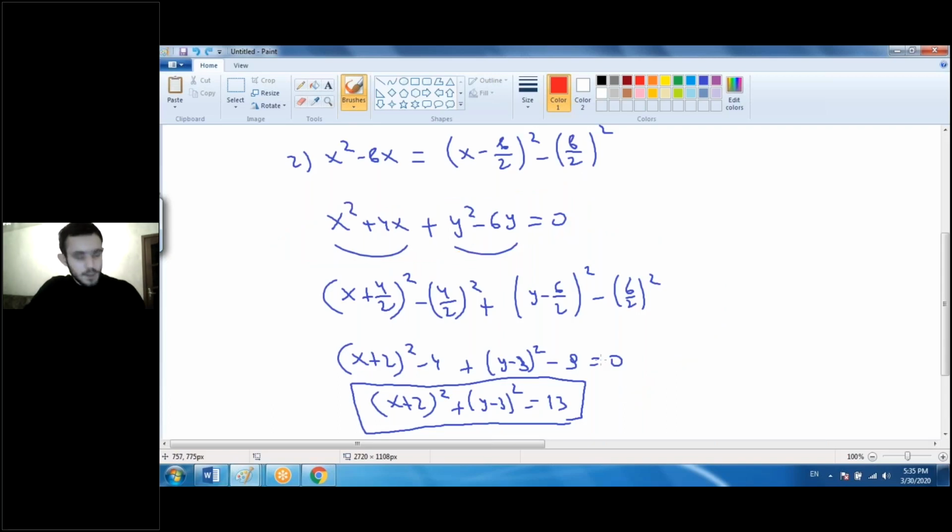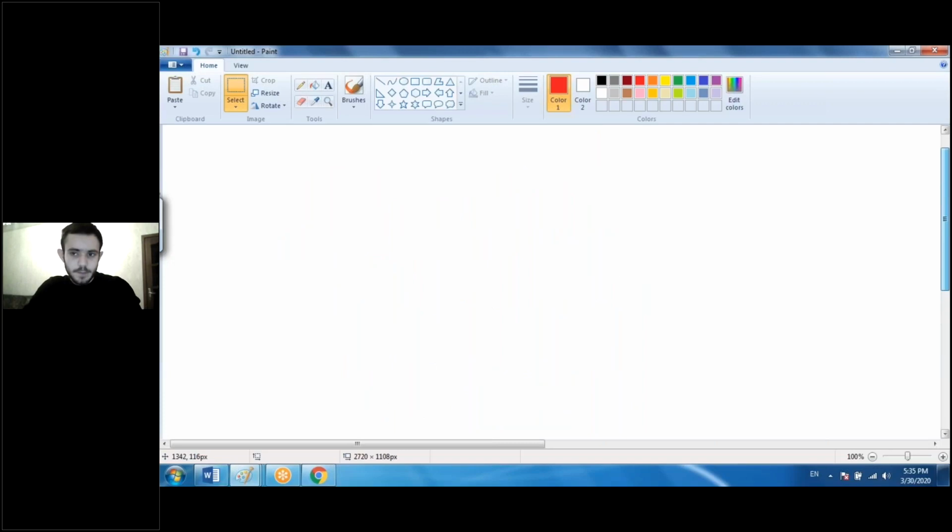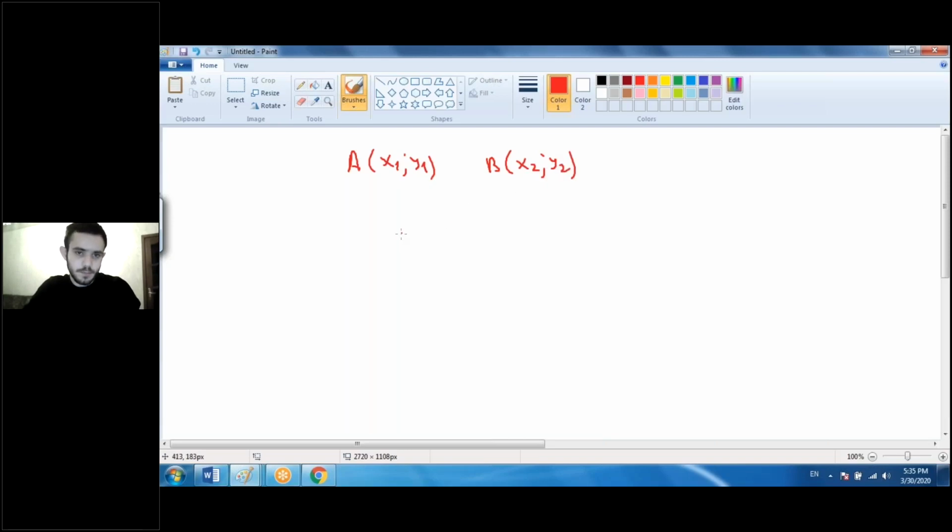The second thing you need to remember is the formula for finding the length of a segment. For example, I have point A with coordinates (x1, y1) and point B with coordinates (x2, y2). So the distance AB will be found using the formula √((x1 − x2)² + (y1 − y2)²).